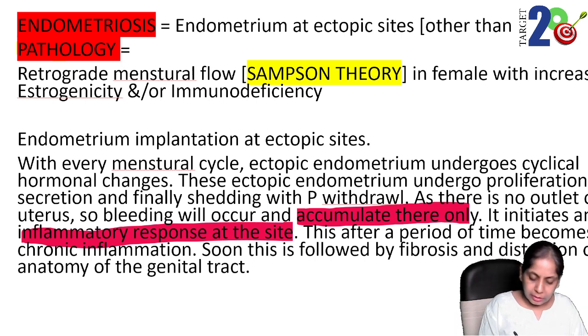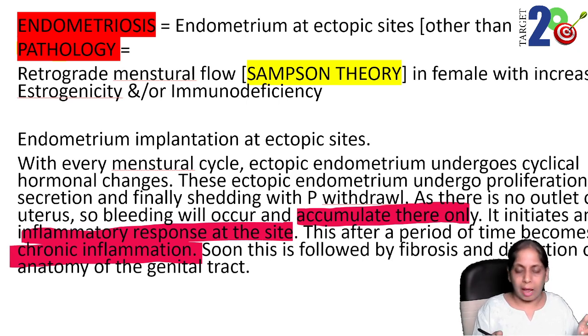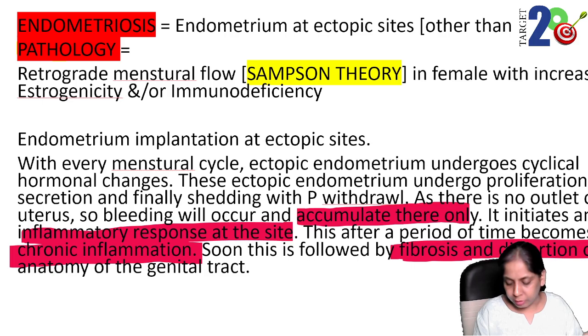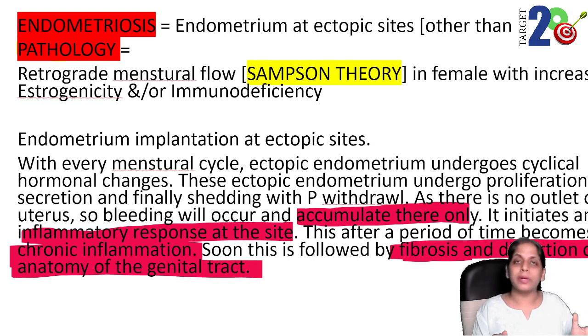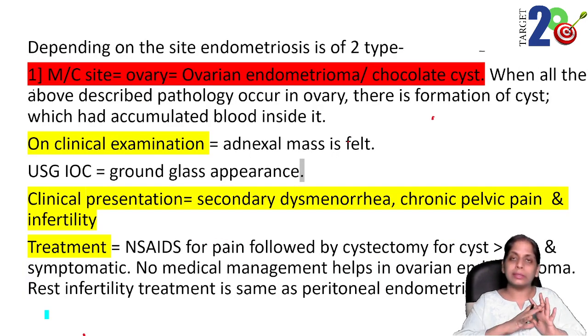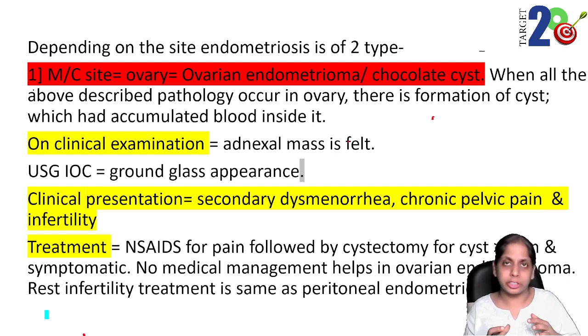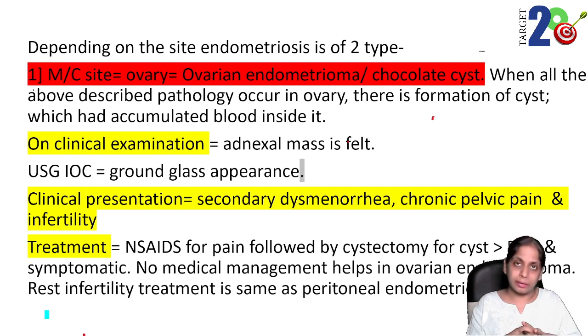So this will lead to chronic inflammation, and all of you know that after chronic inflammation there is fibrosis and adhesion, which will lead to distortion of the anatomy of the genital tract. Basically in the peritoneal cavity there will be lots and lots of adhesions, and there will be distortion of the anatomy all over. Now let's discuss the two types of endometriosis.